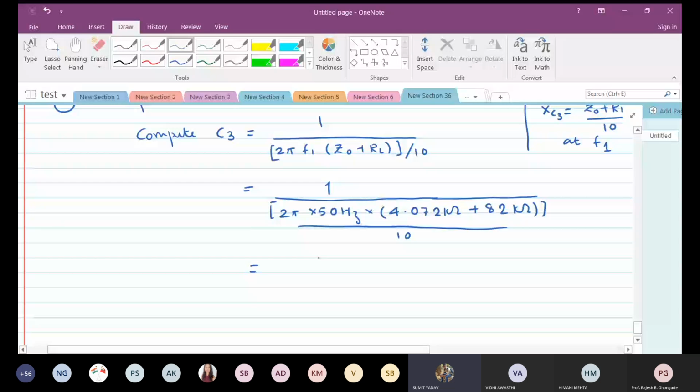What do you get? Come on. 0.37 microfarad. Yeah, what I am getting is nearly the same.